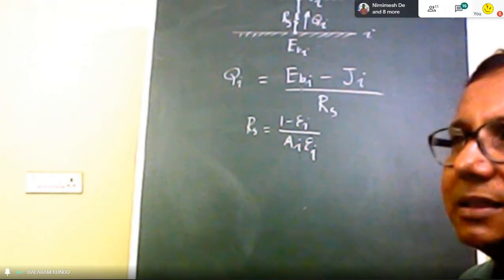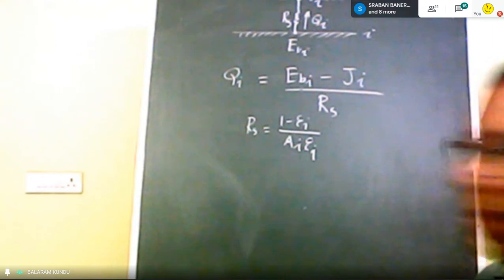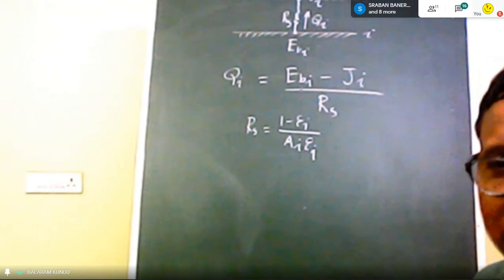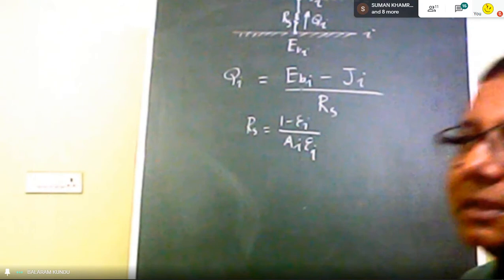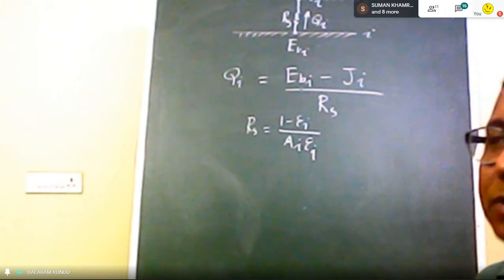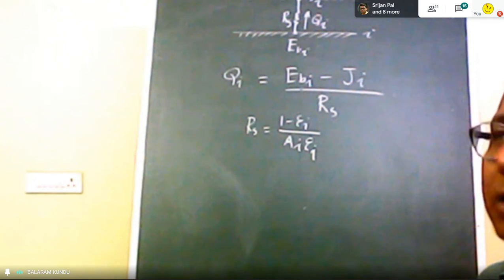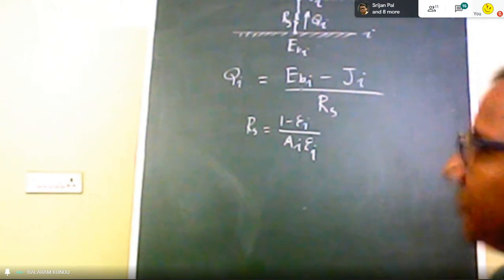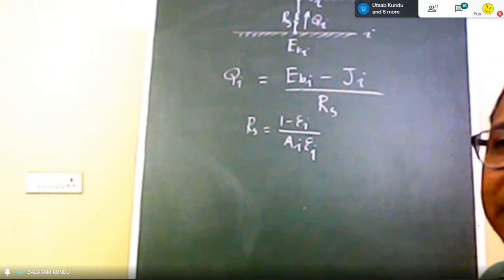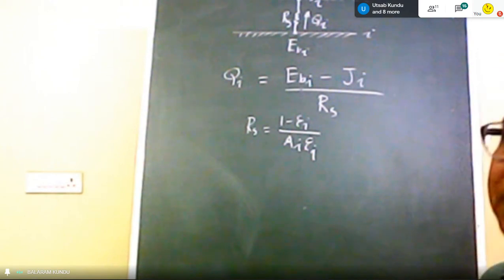Otherwise it may not be possible. If you have two real surfaces, then we have to know the radiosity values. If the radiosity values are known, then we can easily determine the radiation heat exchange between the two real surfaces.